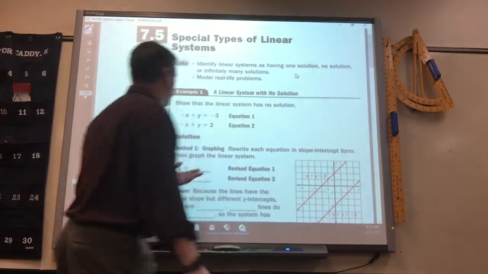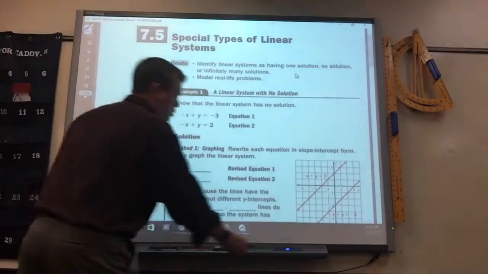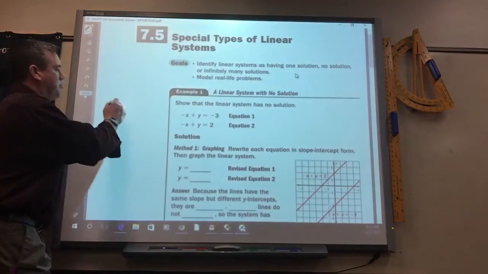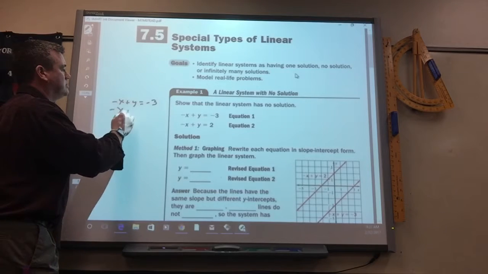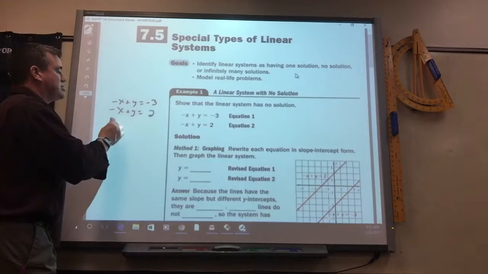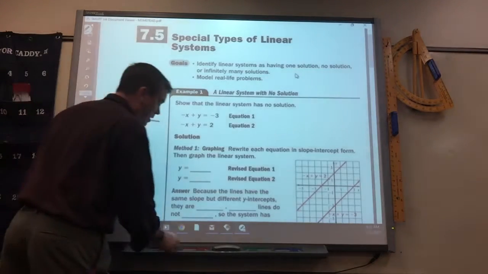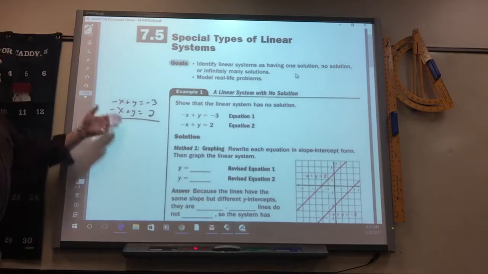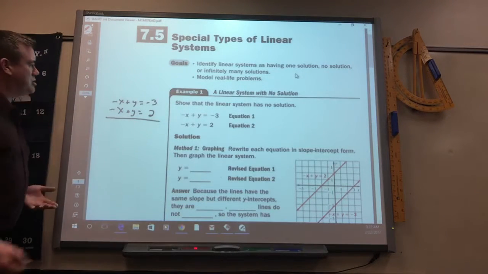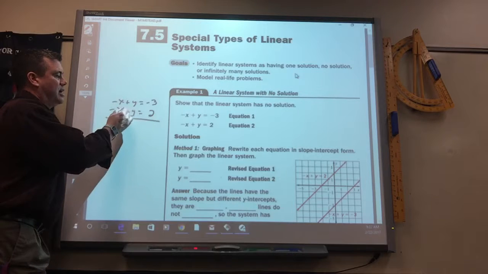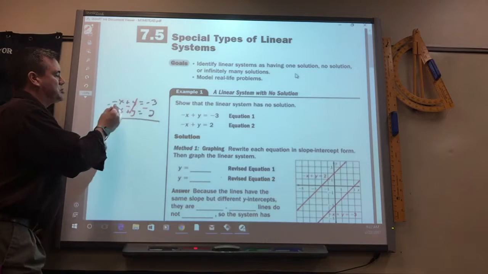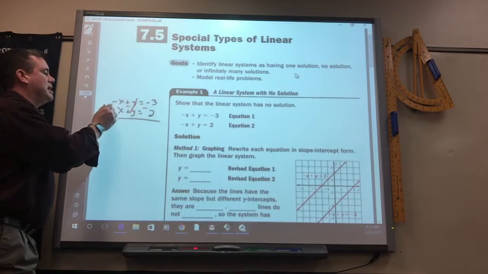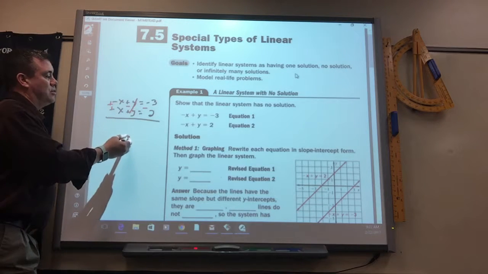So you don't always graph them though. So the way you tell when you're solving them, like we had one like this on the other problem, is remember you can use elimination. You can subtract to get rid of the y's. Y minus y is 0. So when you subtract the others, negative x take away negative x is 0.